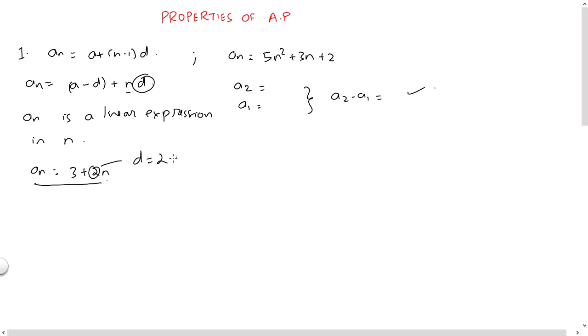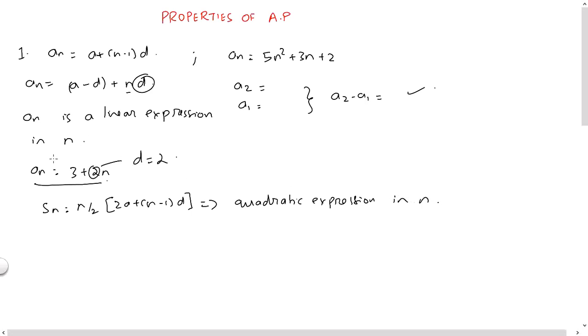So the common difference of this arithmetic progression whose nth term is given as 3 plus 2n is d equal to 2. Now the same way, the sum of n terms of an arithmetic progression is given as Sn is equal to n by 2 into (2a plus (n minus 1) into d). If you multiply this out, what you will get is actually a quadratic expression in n.